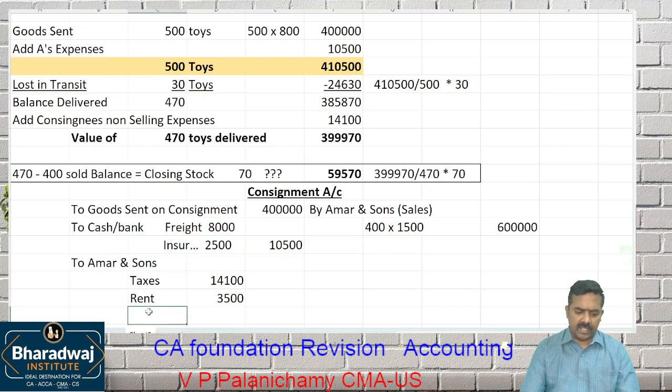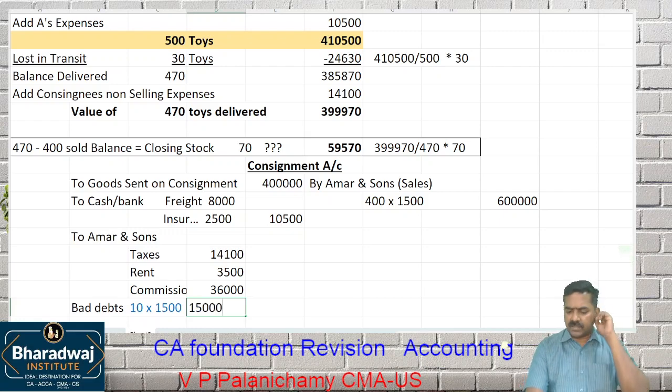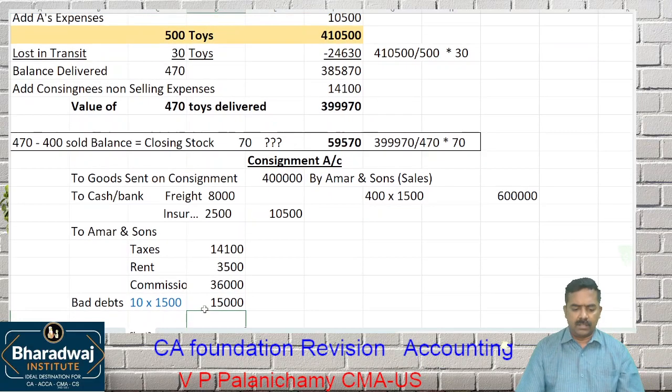For this they are entitled to a commission. Commission at what percentage? 6 lakhs into 6%. Bad debts: 10 into 1,500. Why do bad debts come as an expense? We are not paying it as commission; bad debts will be recorded.